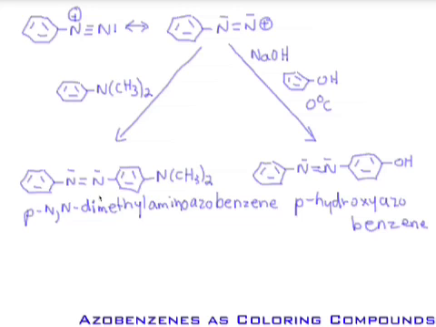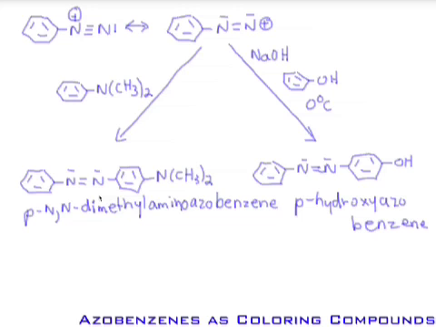As we extend the conjugation more and more and lower the energy gap, and we start absorbing in the red regions, we reflect the blues. And you can see how extended conjugation can lead to color.